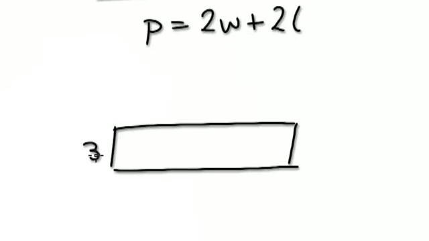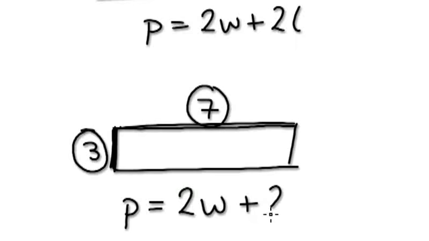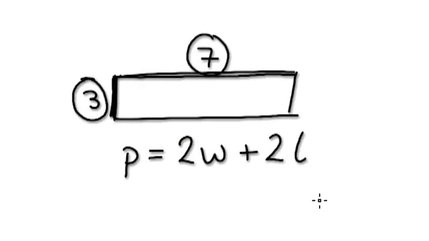If this width here is 3 and the length here is, let's say, 7, then you know that you just use this formula here. P equals 2W plus 2L. Remember that this is W here, and this is L here. So L equals 7 and W equals 3.